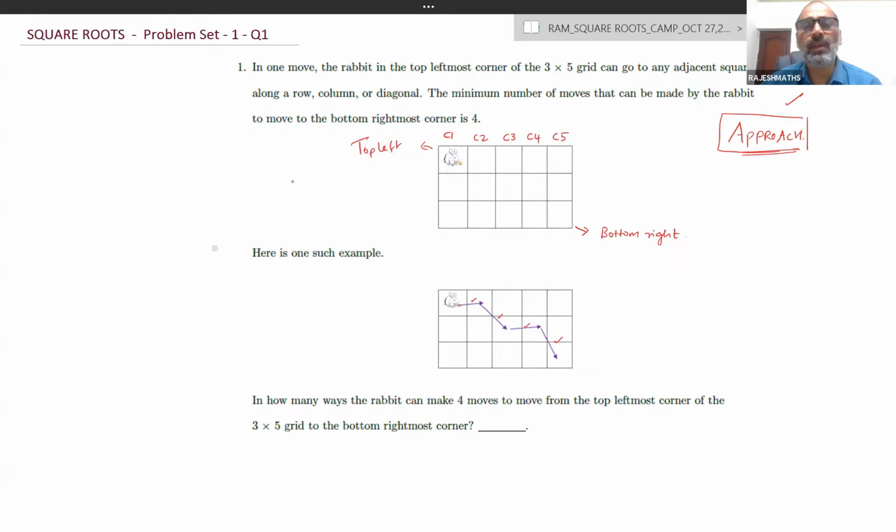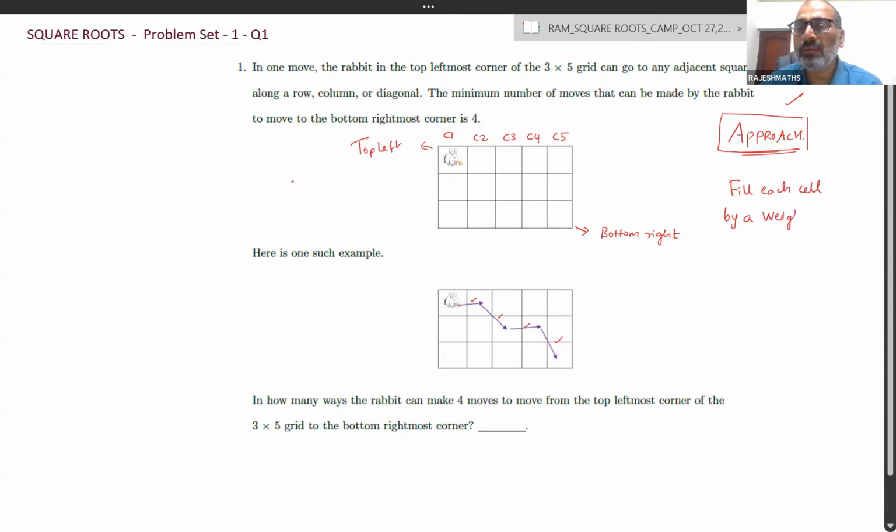Let me tell you an idea, another approach, where I am going to fill each cell by a weightage. That's my idea. Fill each cell by a weightage, which means a number. It's called a weightage. What is that number?